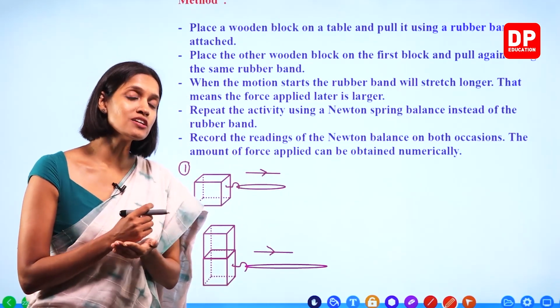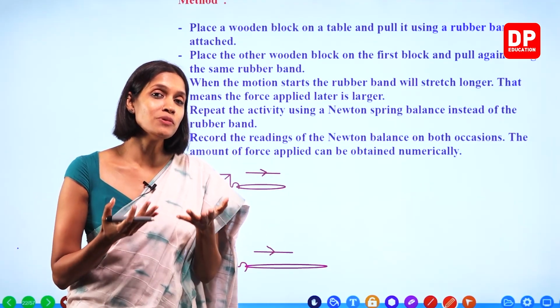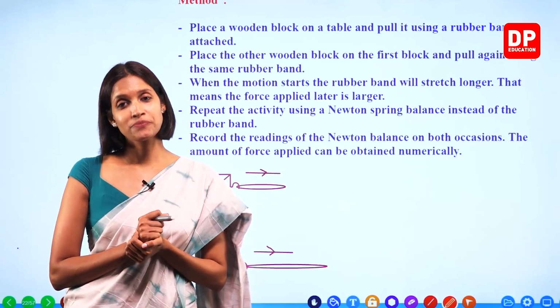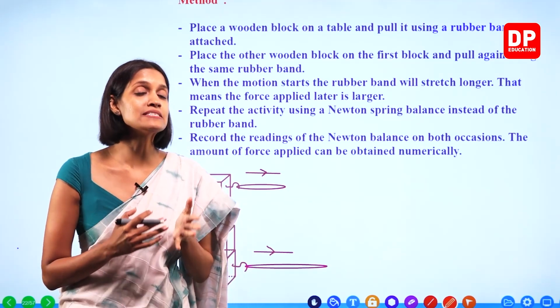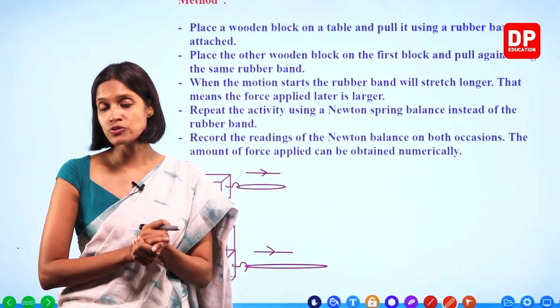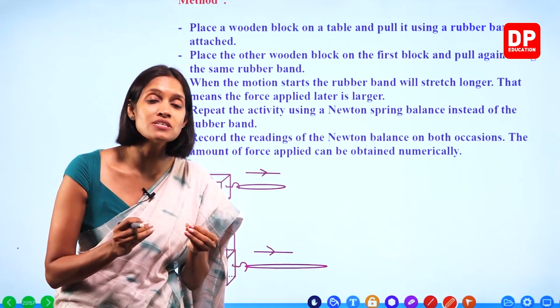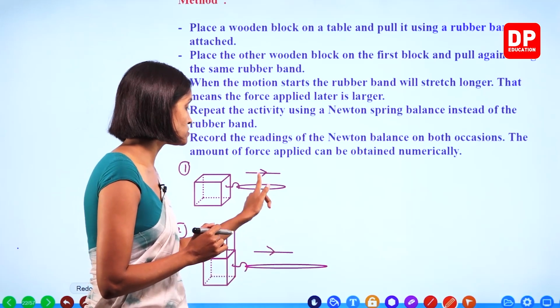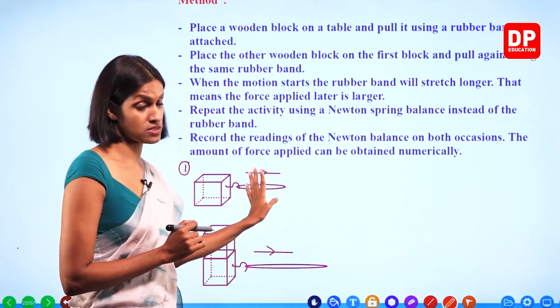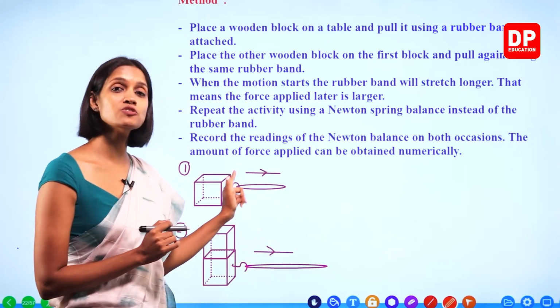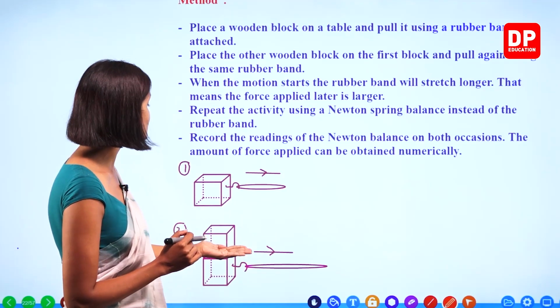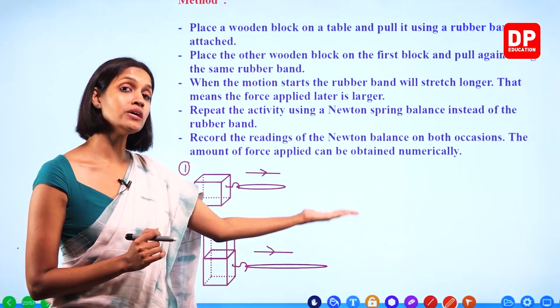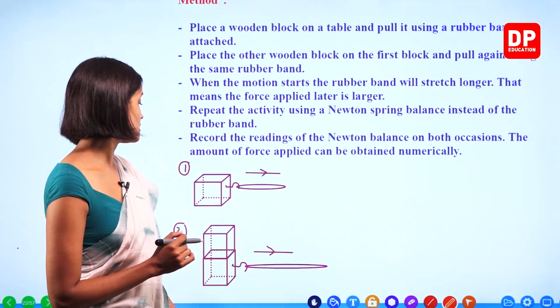So using the Newton spring balance, we can measure the force applied. Okay, so Newton spring balance is the instrument that we can use to measure the force applied on an object. Right? Here when you use the same rubber band in 2 instances, you will realize in the second instance it stretches more, which means more force is applied.